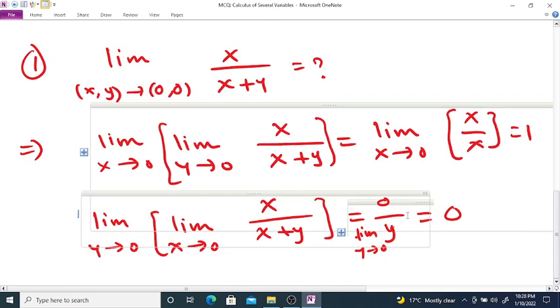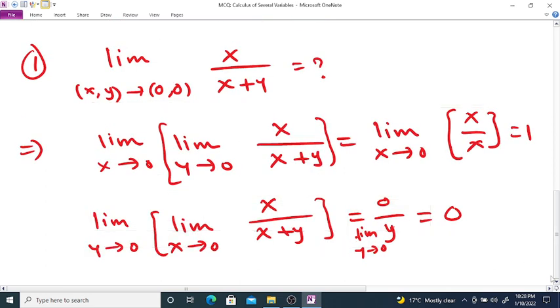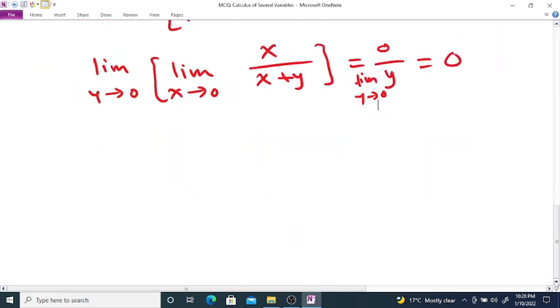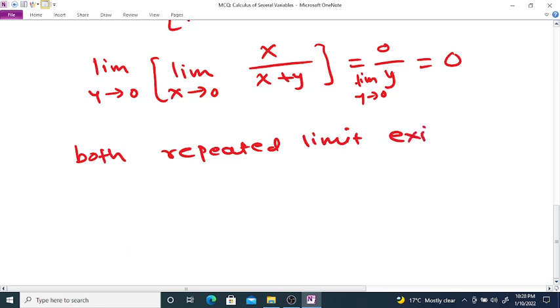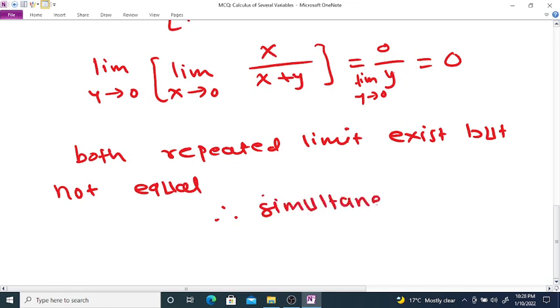So here both the repeated limits exist, but they are not equal, and therefore the simultaneous limit does not exist.